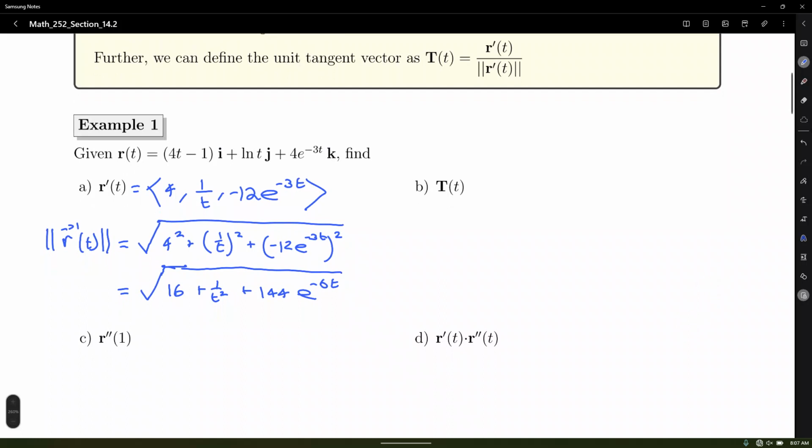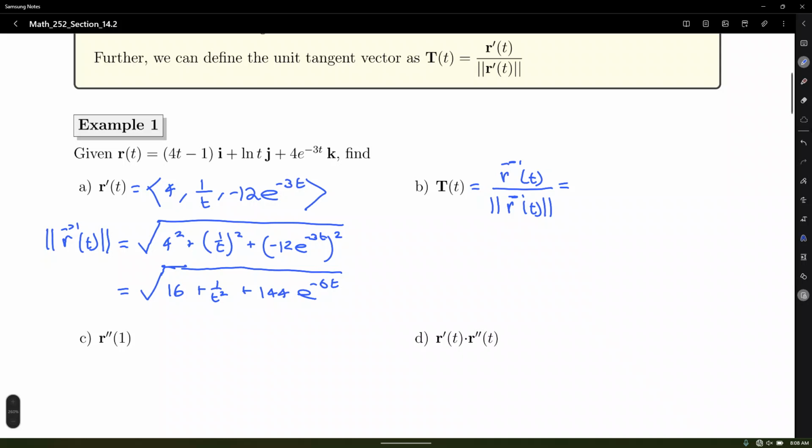Now, I believe we're ready for part B of the problem. Get the unit tangent vector, which by definition is the derivative that we got in part A divided by its magnitude, the magnitude of the derivative of the vector valued function.